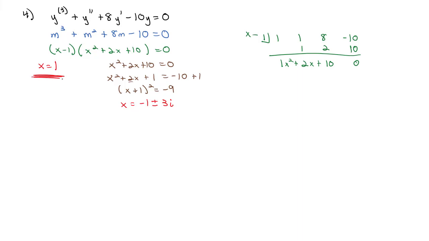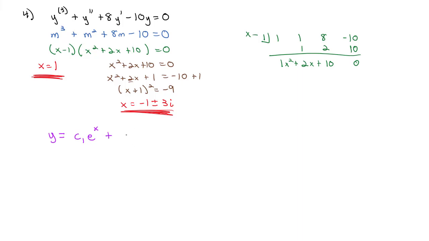So we've got a single solution of m equals 1, and we've got a couple complex solutions. We can put that together using the same logic that y is equal to, the first solution is real, so it's c1 e to the 1x, plus the second set of solutions are complex.